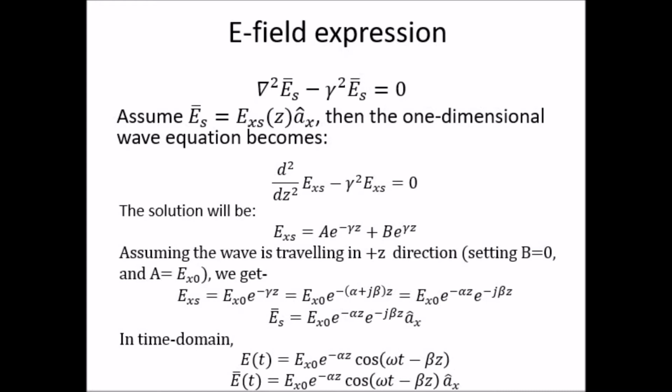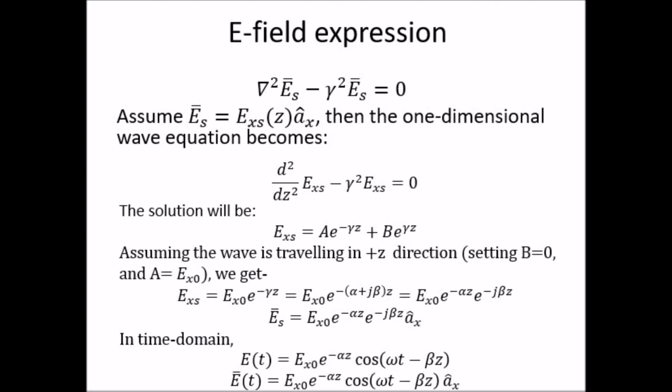One is e to the power negative alpha z. This is the exponentially decaying term, and another term is a sinusoid term, that is the cosine of omega t minus beta z term. So we have one sinusoid term and one decaying term.